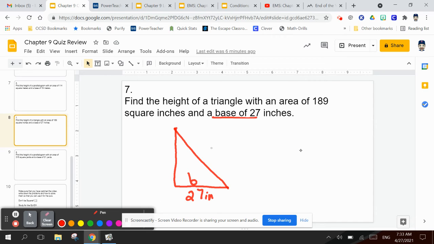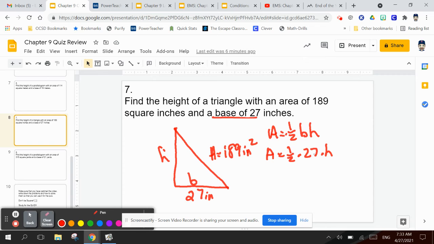The total area is 189 inches squared. We want to find the height. So our area equals 1/2 times the base times the height. Area equals 1/2 times 27 times the height.